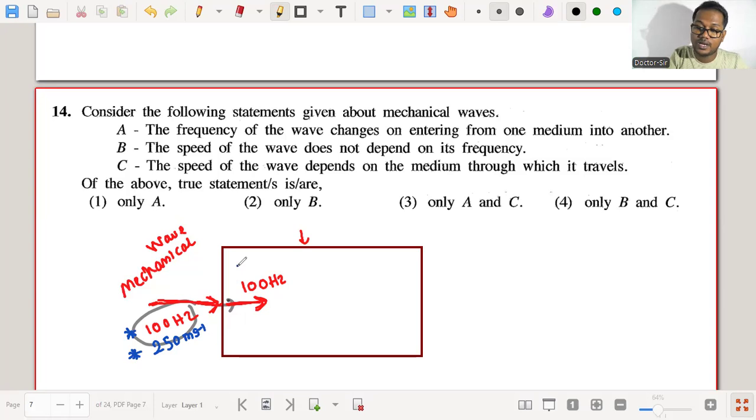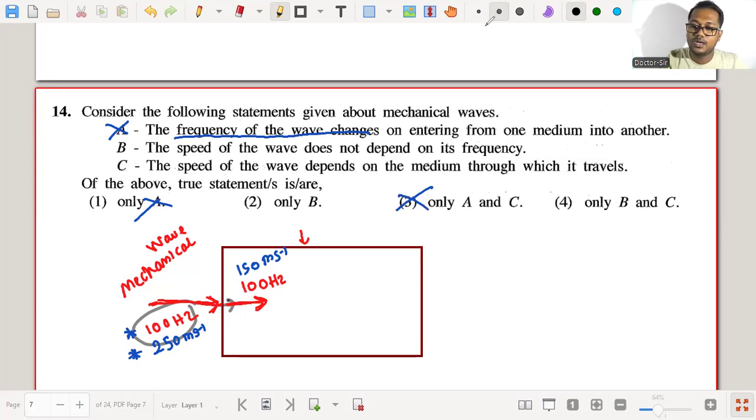It can be 150 ms^-1. So speed is going to change. So the frequency of the wave changing does not happen. So the A answer is wrong. So whatever answers include the A, those are wrong.